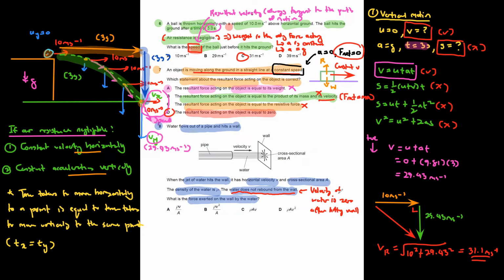If it rebounds, that means it would have some sort of velocity. But if it does not rebound, the velocity of the water is 0 here. So I could have a velocity v right now, but upon hitting the wall, my velocity here is 0. So the question is asking you, what is the force exerted on the wall by the water?